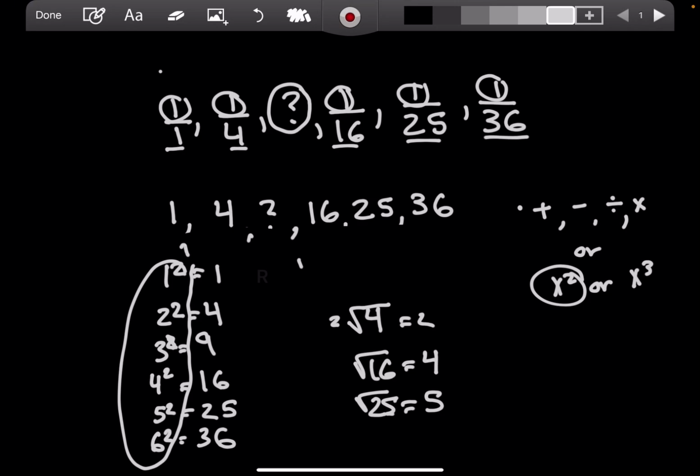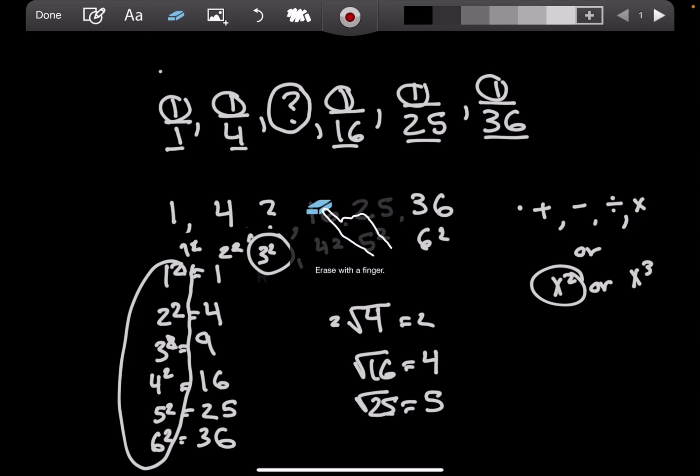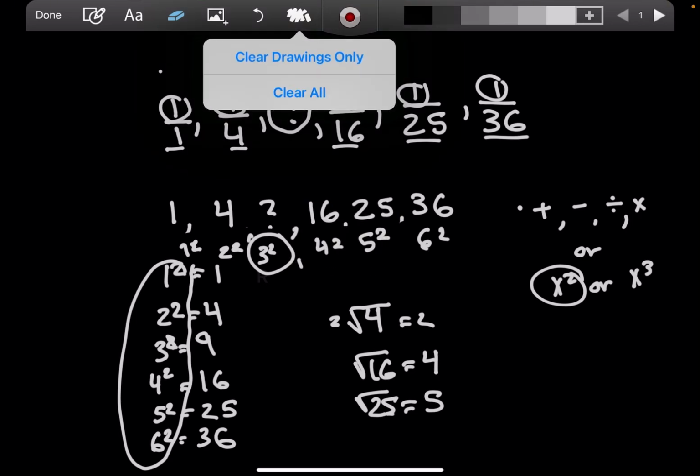So you're going to see that this is 1 squared, this is 2 squared, this is 4 squared, this is 3 squared, and this is 5 squared, and this is 6 squared. So then we can figure out that this one's going to be 3 squared, because that's 1, 2, missing 3, 4, 5, 6. That one's pretty basic. So let's go ahead and clear this one up.